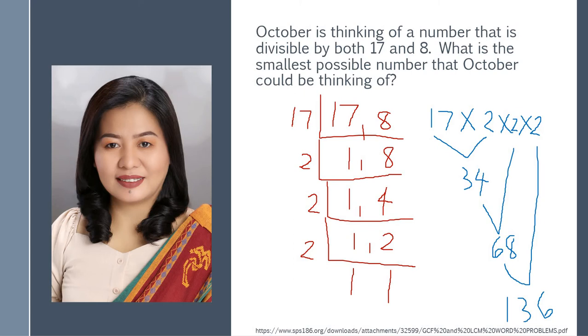So that's 136. 136 is the smallest number that October could be thinking of, that is divisible by both 17 and 8. So we move on to our next number.